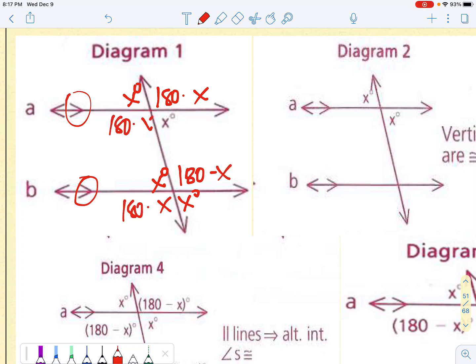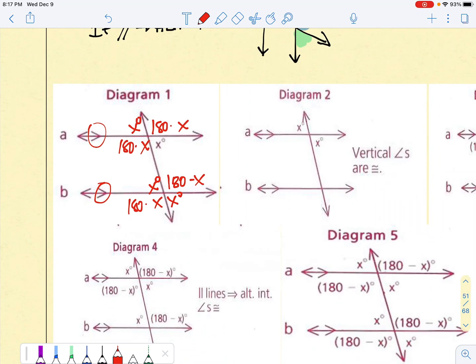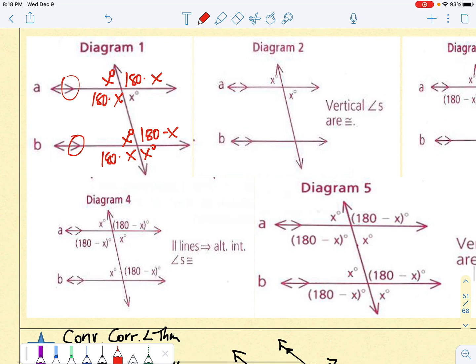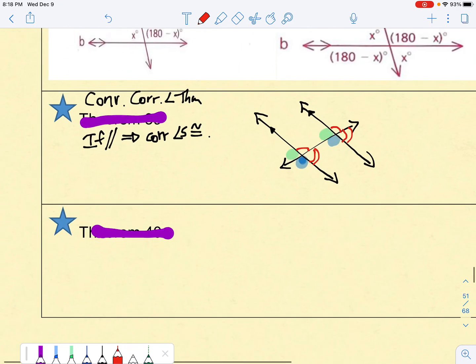So we have that relationship that when you have two parallel lines cut by a transversal, all the angles are either congruent or they are supplementary. Okay? So I'm not going to go through that in detail, but there you have it.